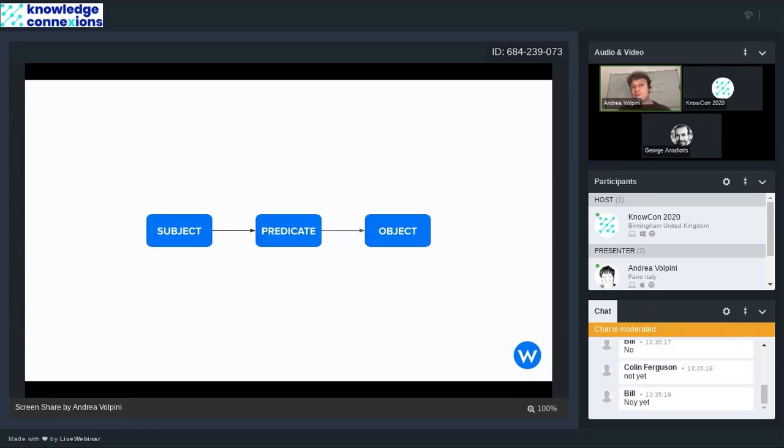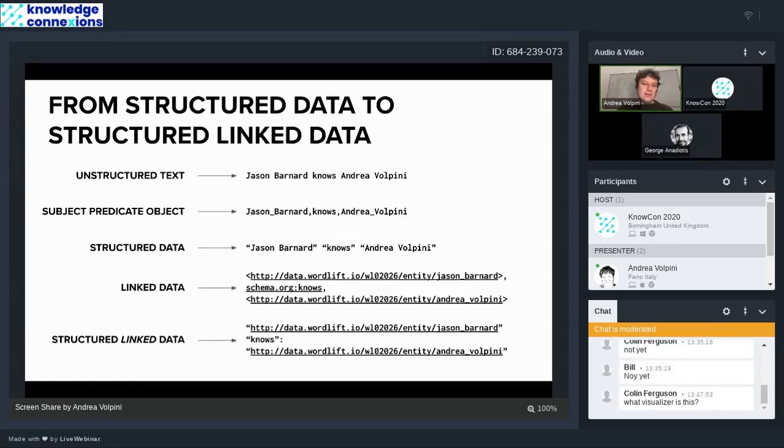To make it super simple, we create information in the form of triples by combining subject, predicate, and object. Okay, and we do this using the schema vocabulary.